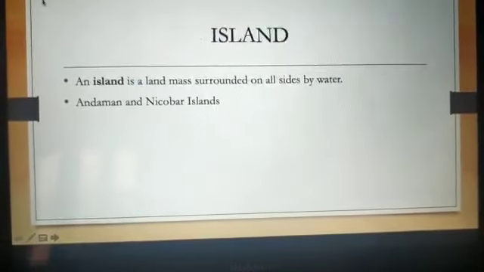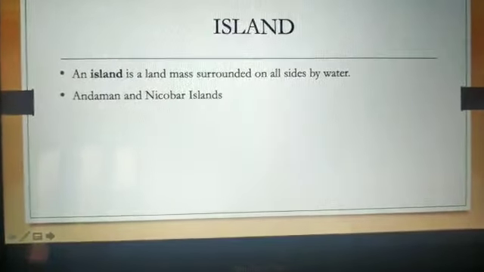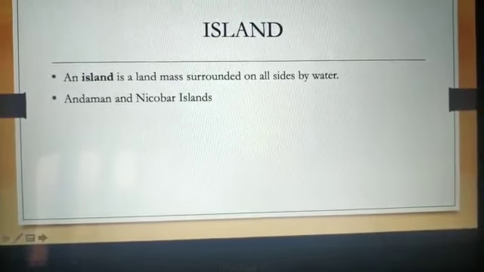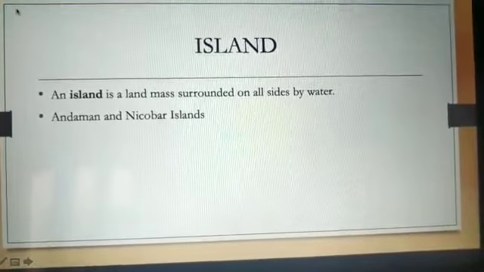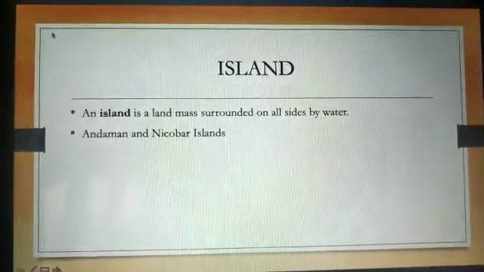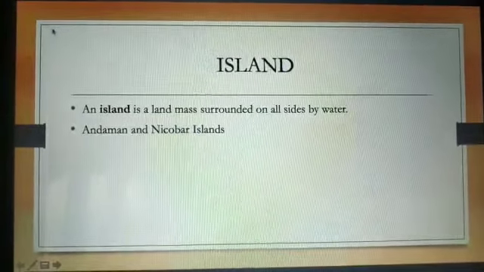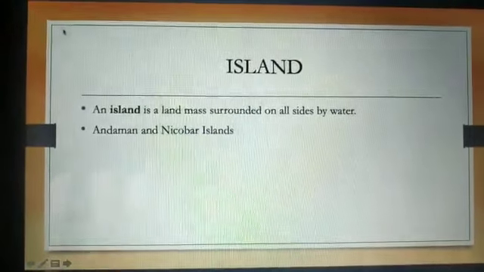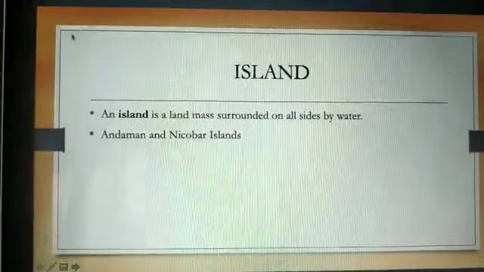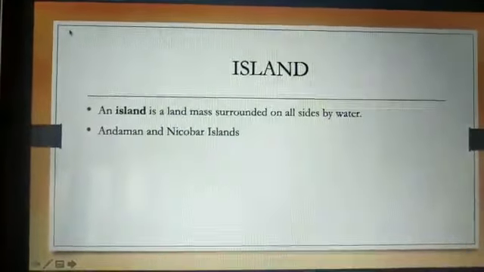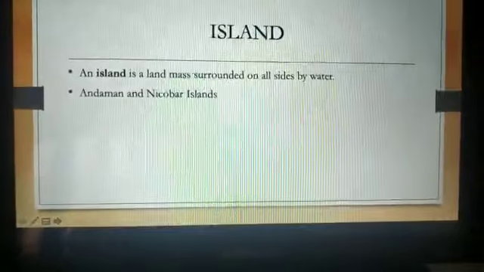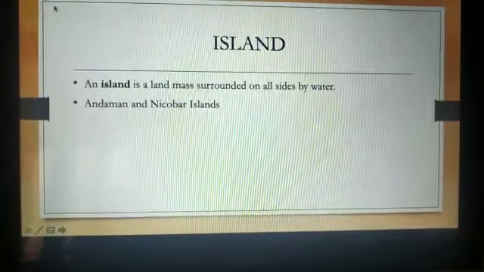Now next. Island, you know. Dweep. An island is a landmass surrounded on all sides by water. It is a small land which is surrounded by water. Examples can be Andaman and Nicobar Islands, Lakshadweep Islands, right?